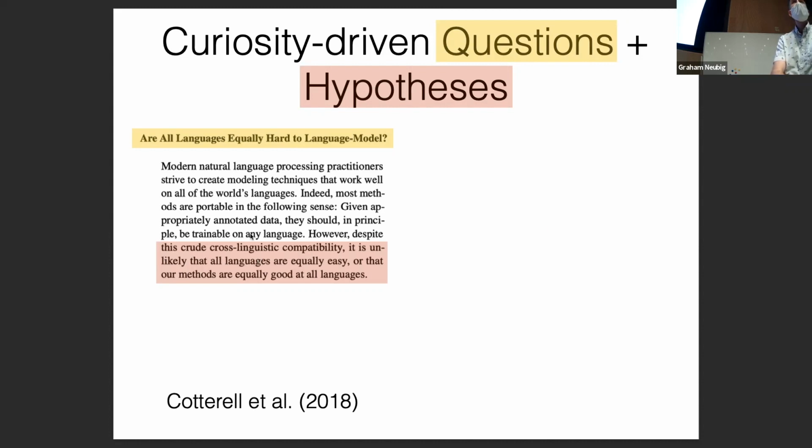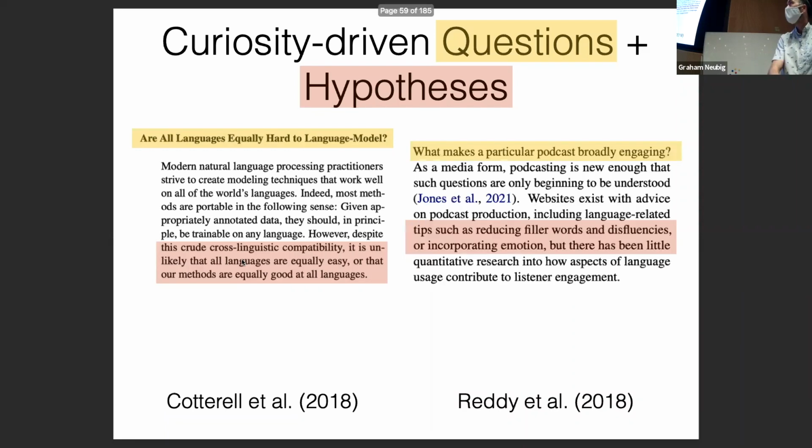So they expected that this hypothesis would be correct, and the way they could verify or disprove it is if they ran a language model and got basically the same results across languages, or if they got significantly differing results across languages. Another one is: what makes a particular podcast broadly engaging?